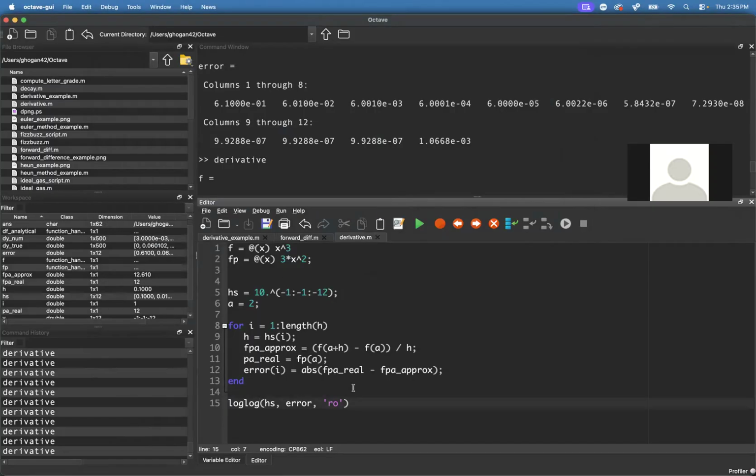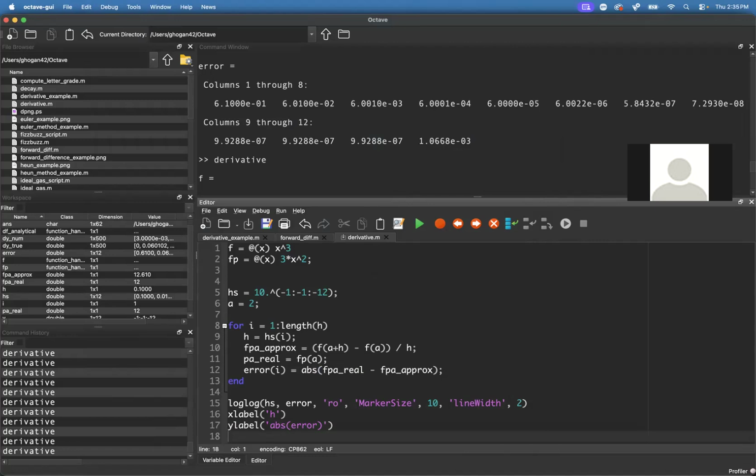Now, to try to make this plot a little more visible, I can go back and add the stuff that I was trying to add before. So we can try to add marker size, maybe 10. We can try to add line width and make that like 2. And we could add an X label, and the X label were the H values. And we could do a Y label, and the Y was the absolute value technically of the error is what we plotted.